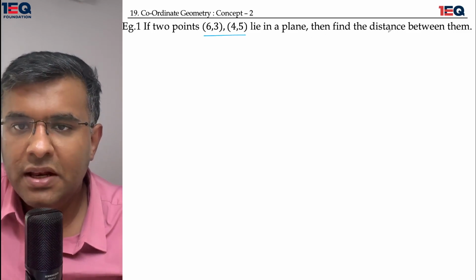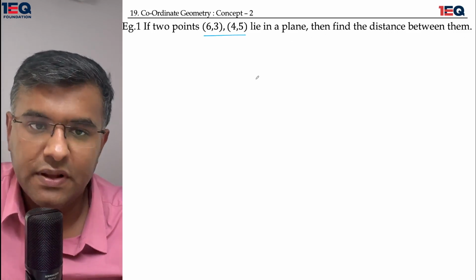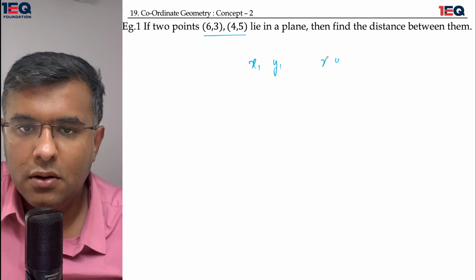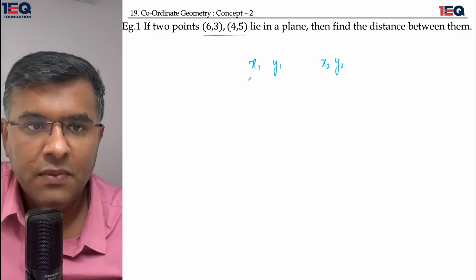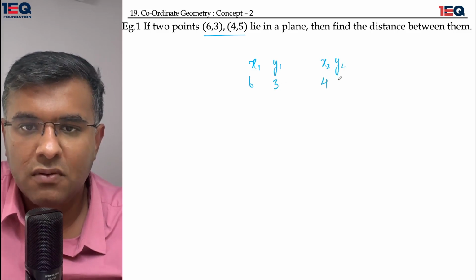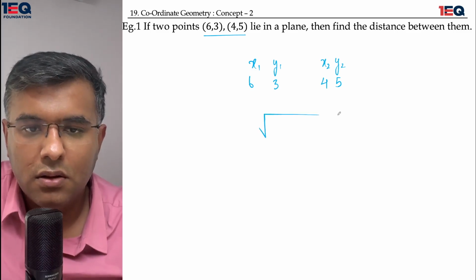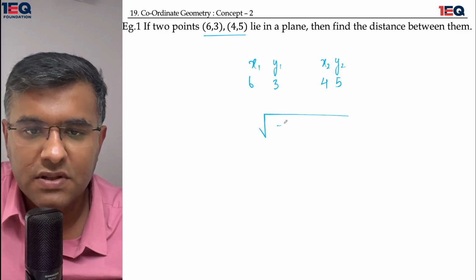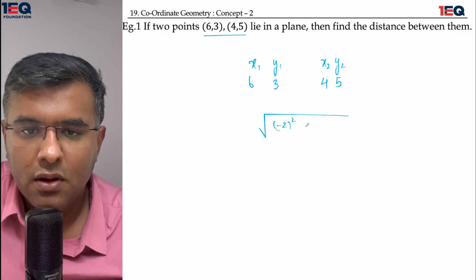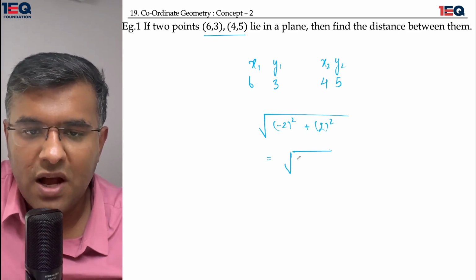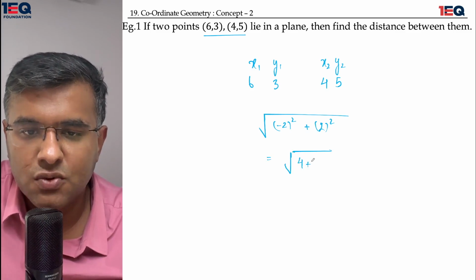2 points lie in a plane and we have to find out the distance between them. Let me quickly grab x1, y1 and x2, y2 with me. x1 is 6, y1 is 3, x2 is 4, and y2 is equal to 5. So the answer is x2 minus x1, which is equal to minus 2, whole square, plus y2 minus y1, which is equal to 2, whole square, and the root is going to have minus 2 square is 4, plus 2 square is also 4.